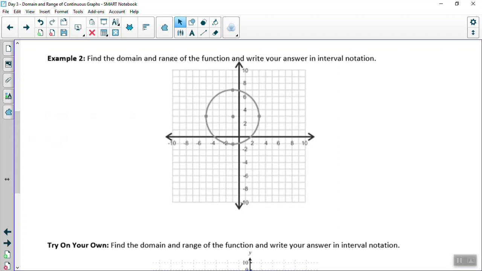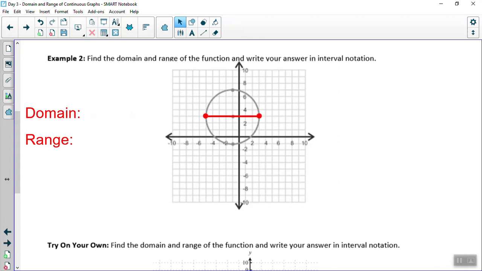Okay, so our domain. Again, remember, our domain is whatever we're using along the x-axis. So I'm going to find my point furthest to the left. That's right here. And my point furthest to the right, right here. And I'm going to mark that.